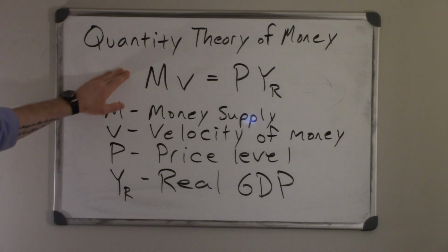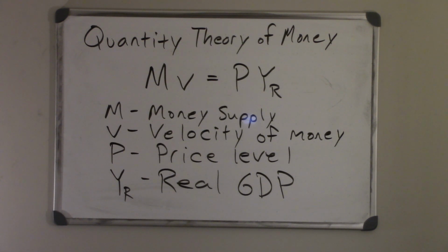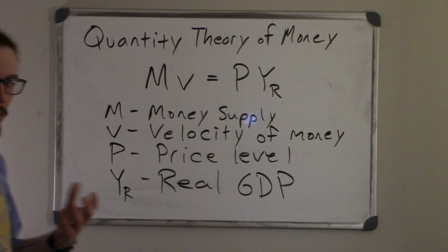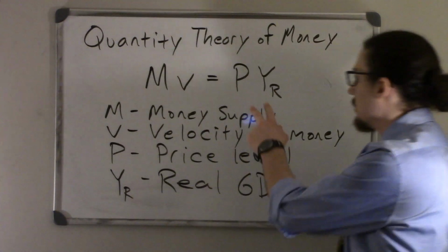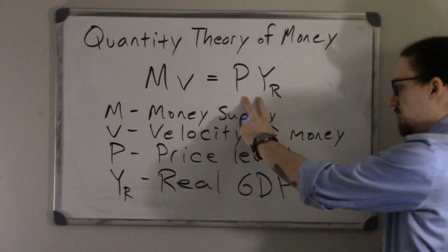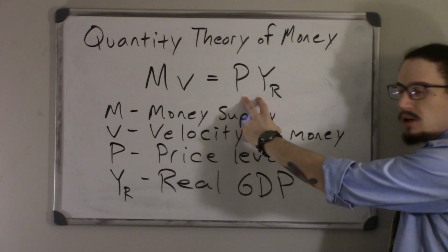Both sides of this equation are equal to our nominal GDP. Probably easiest to see it on the right-hand side of the equation.